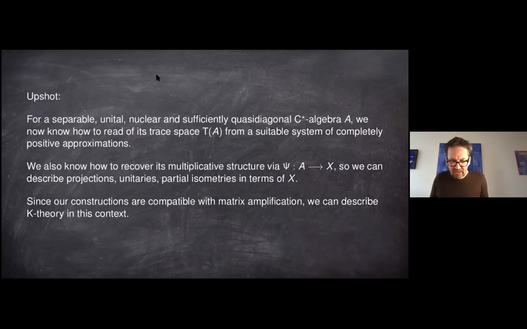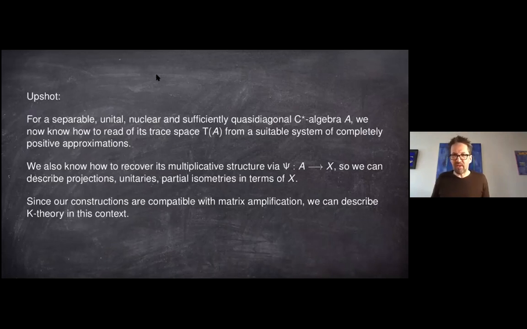And I think the reason why is that this only works for NF algebras, so only for quasi-diagonal nuclear C star algebras. But for K-theory, to work with K-theory, you really need to have extensions, and you need to have short exact sequences, and NF algebra's quasi-diagonality is not preserved under taking quotients.